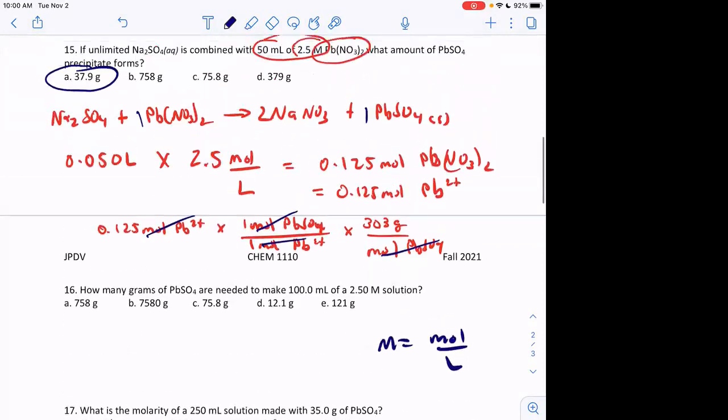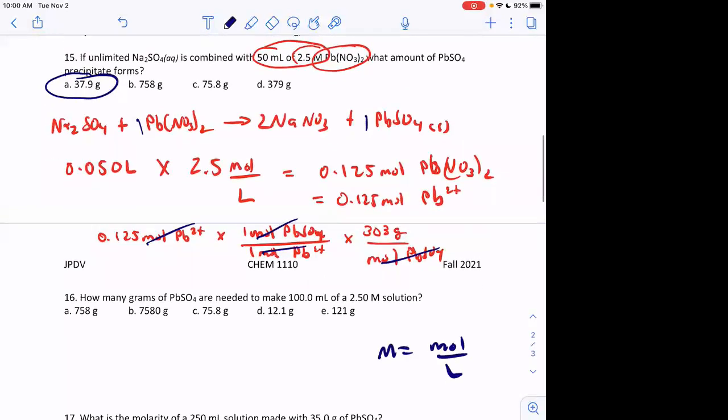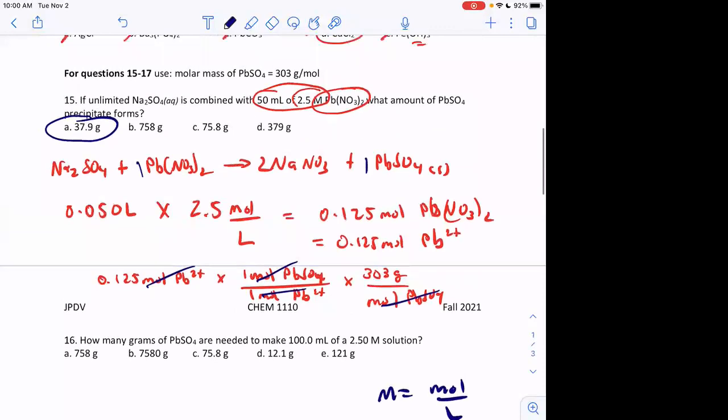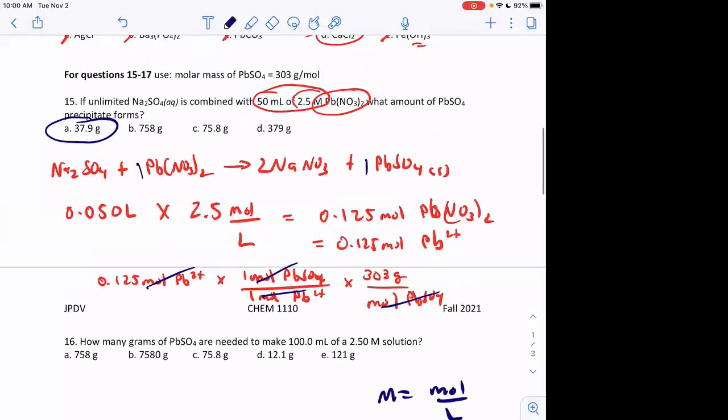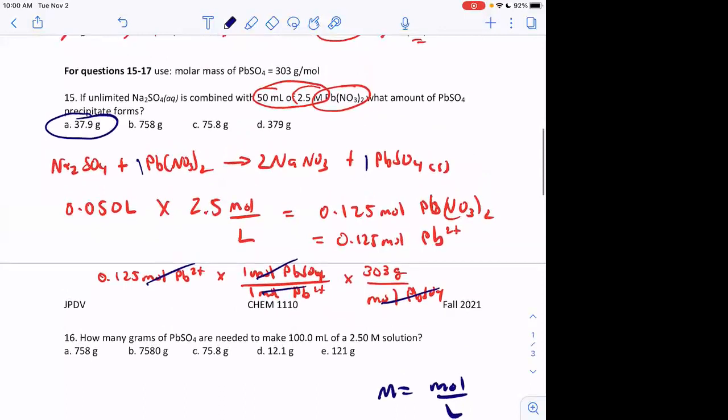Why do I have this based on that? Oh, I see. How many grams of lead sulfate do you need to make 100 mils of 2.5? The previous one's 50 mil, and the next one is 100 mil, same molarity of the solution too.